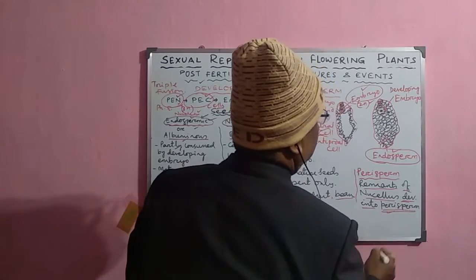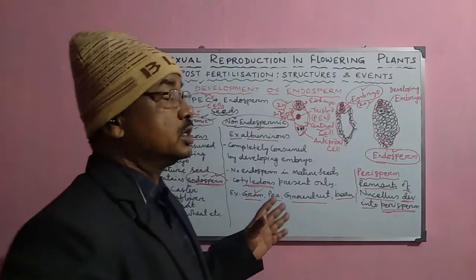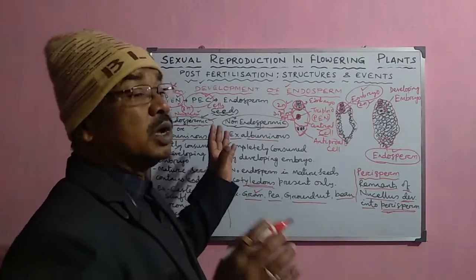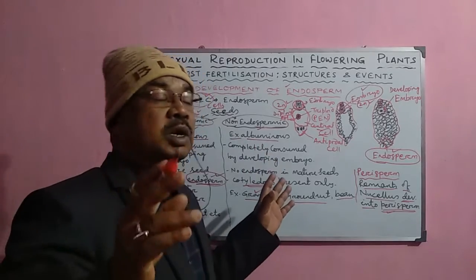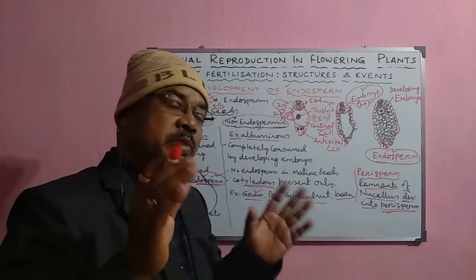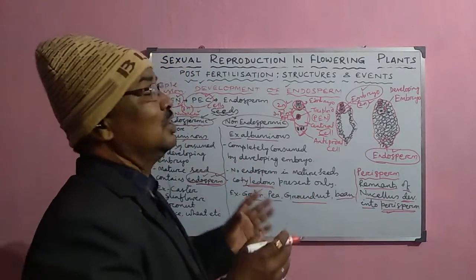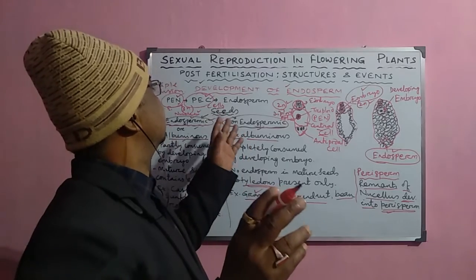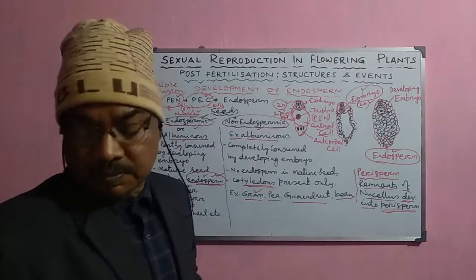So the perisperm is a special structure developed from the nucellus layer. So this is the development of the endosperm, and it always precedes the development of the embryo. Now we shall discuss how the embryo develops and receives nutrition from the endosperm.